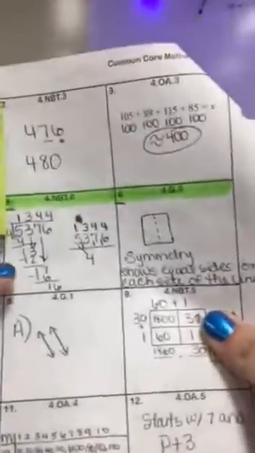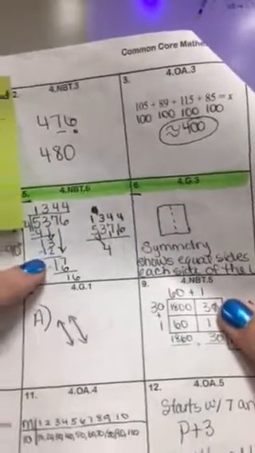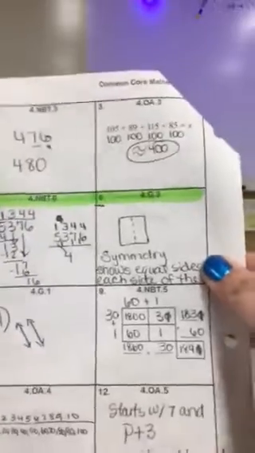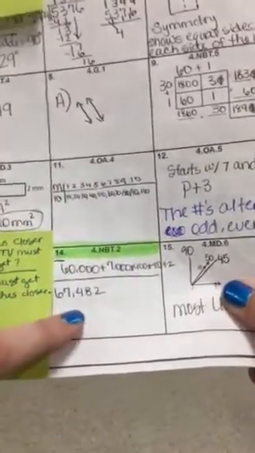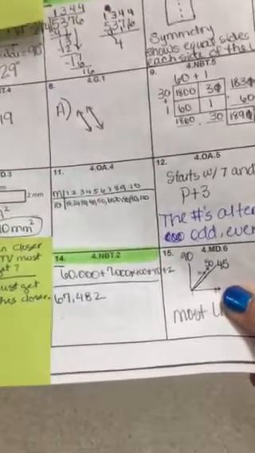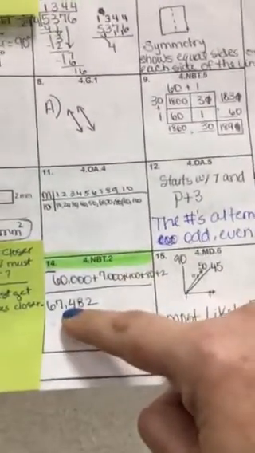On the next page, we have a division problem, so practicing some long division with your child will help. We talked about symmetry, and that symmetry shows equal sides on both sides of the line. We have where we're taking an expanded form and putting it in base 10 or standard form.